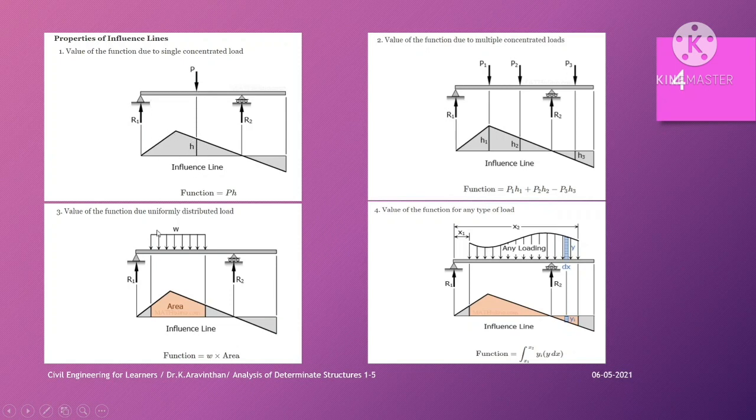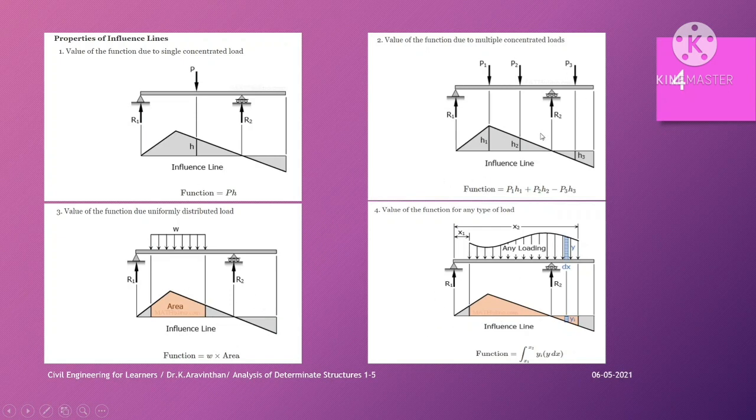Whatever might be the load, here you can see a uniformly distributed load, here there are multiple point loads, and a UDL can vary. This is known as varying load. Like this, anything might be your pattern of load. The influence line is the same; this pattern is the same for all the cases.